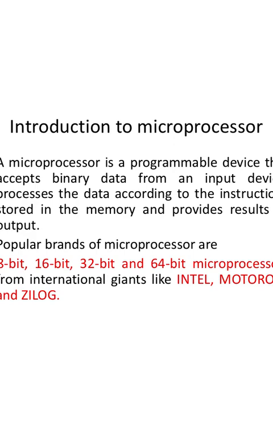The popular brands of microprocessor are 8-bit, 16-bit, 32-bit and 64-bit microprocessors from international companies like Intel, Motorola, etc. So the definition you need to know here is that it is a programmable device. Okay, so you need to know what bits are available in the microprocessor.